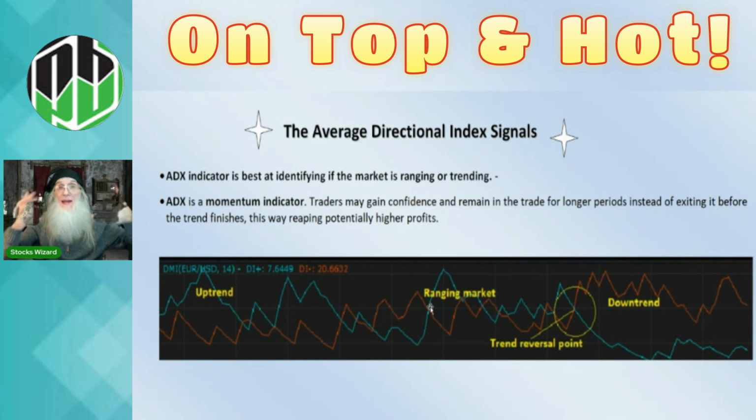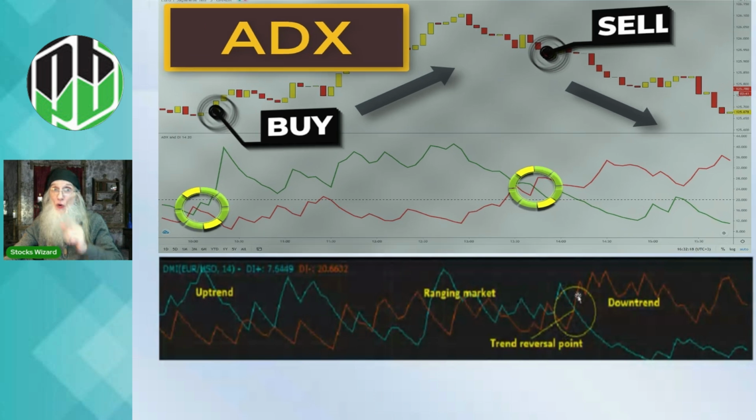If the ADX is under the 25, she's going sideways. If it's over the 25, she's either falling or climbing, but she's moving. If I see either of the directional movements cross the other one, that's a trend reversal right there. That's a buy or sell signal. And if I see all the red lines at the top, I know it's in a downtrend.